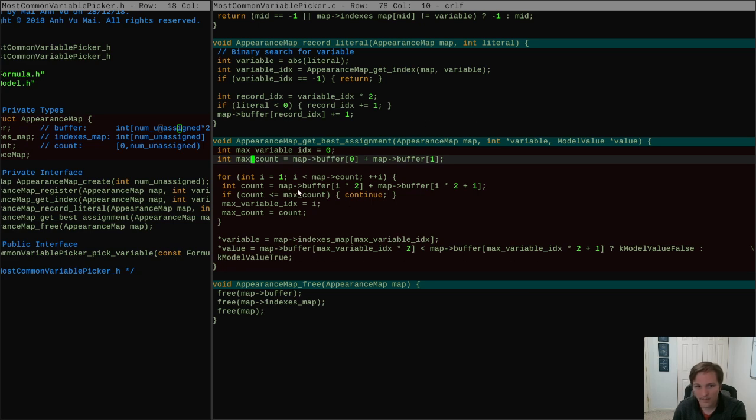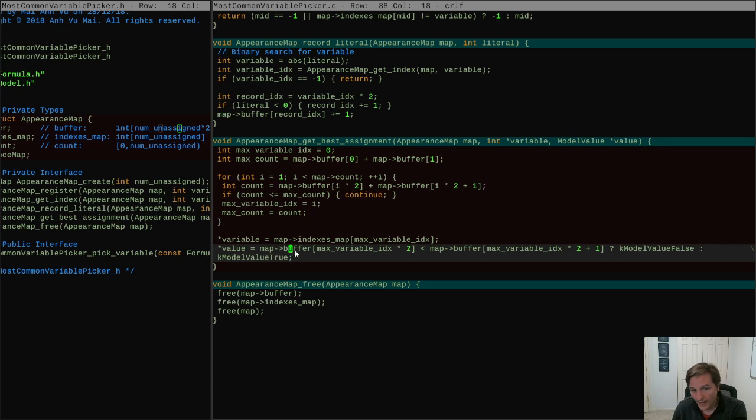Well, I guess we don't. Max count's just for the purposes of taking the max, right? The max variable index tells us what variable, not what literal, but what variable had the most appearances. And then we look and see, is it more true or more false?